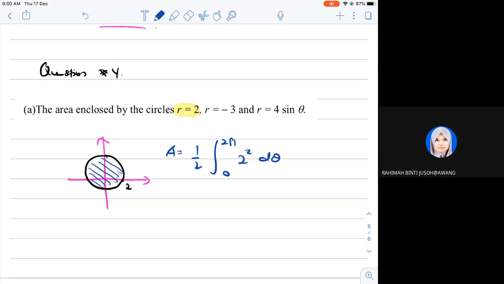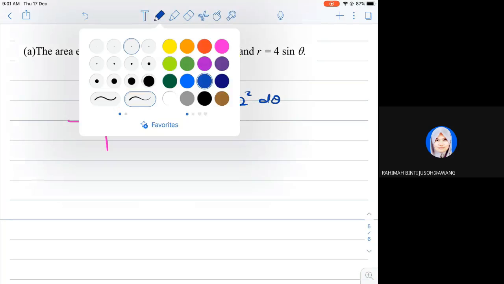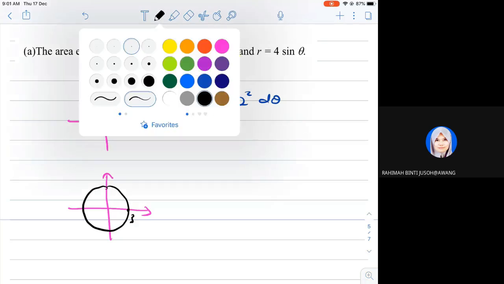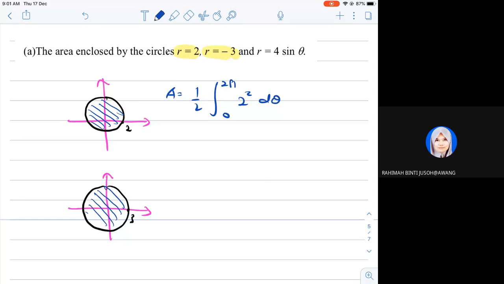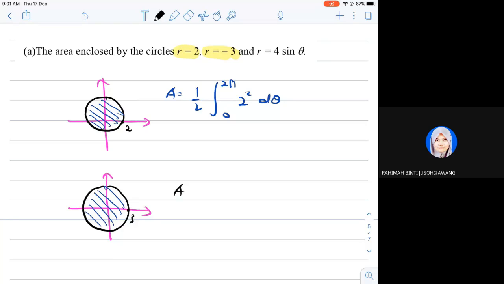And then we have r equals negative 3, also a circle. Just the same graph, but now we have radius 3. Again, we consider all. And then we have area equals 1 over 2, integral from 0 until 2 pi, negative 3 squared d theta.